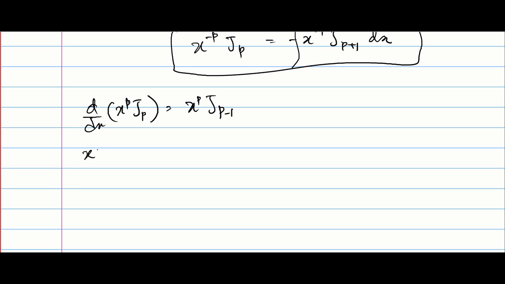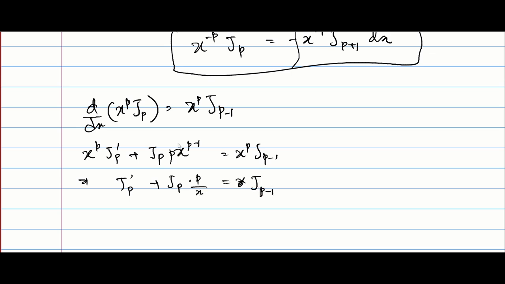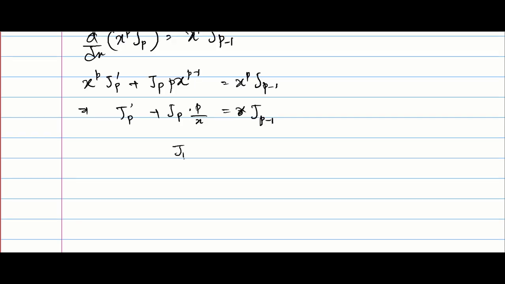So if we differentiate this, x^p Jp' plus p x^(p minus 1) Jp is x^p J p minus 1. So it would be Jp' plus (p/x) Jp equals J p minus 1. So Jp' would be J p minus 1 minus (p/x) Jp.